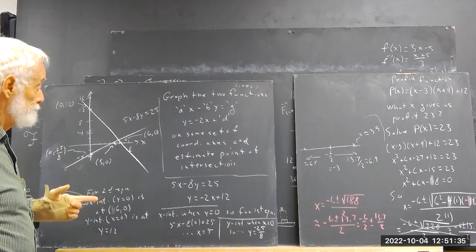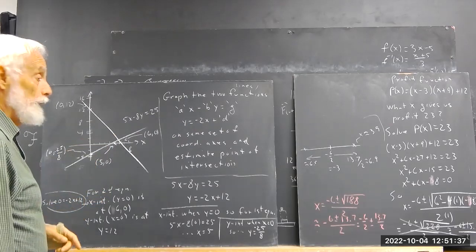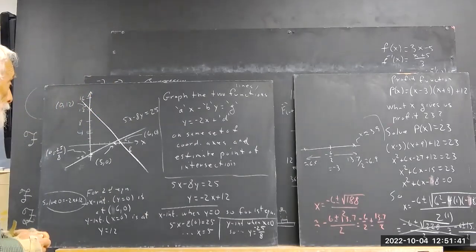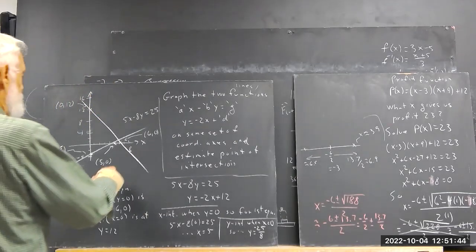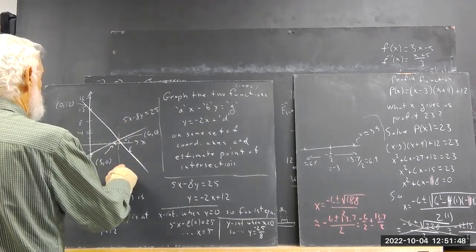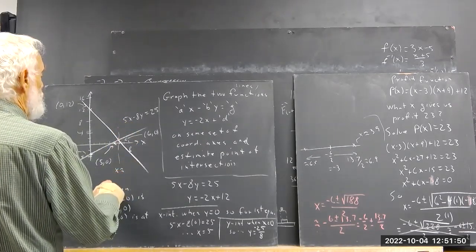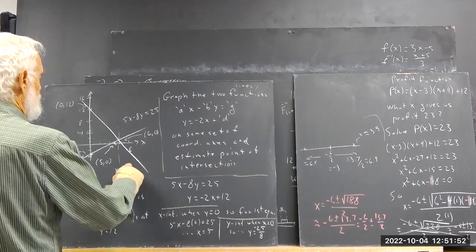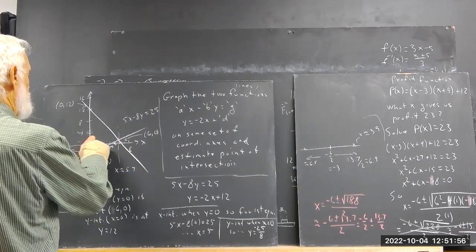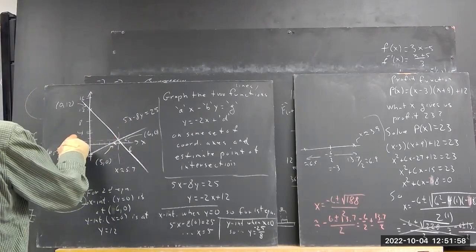Okay. So what are the coordinates of this point? Well, for my graph, I'm pretty sure we did this last time. This is x approximately equals 5.7 over here.